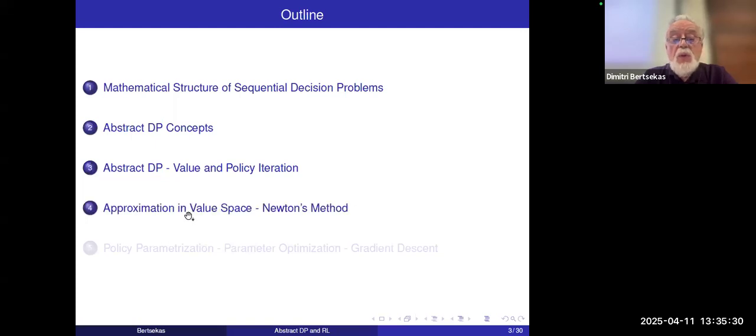And then I'm going to go into reinforcement learning, talk about approximation in value space and the connection with Newton's method, and then talk about approximation in policy space, where we parameterize policies, we optimize with respect to parameters, and we do this with forms of gradient descent methods and also random search methods.